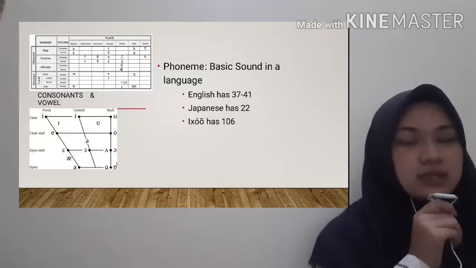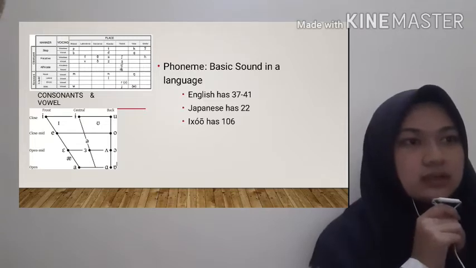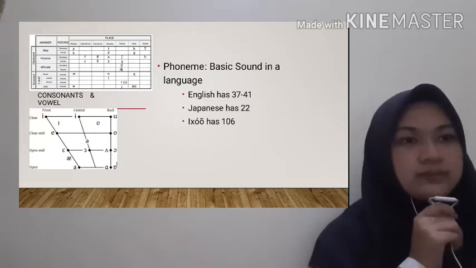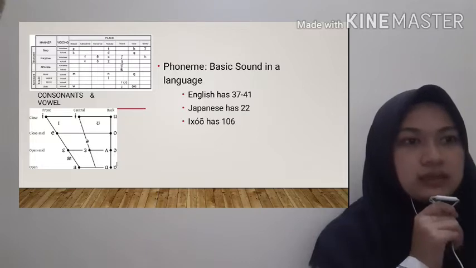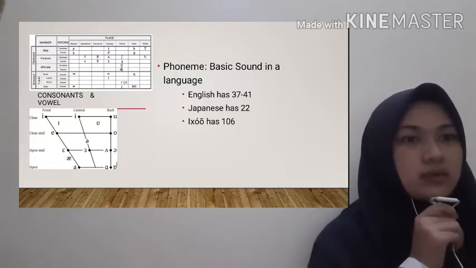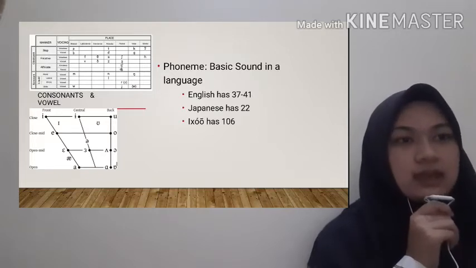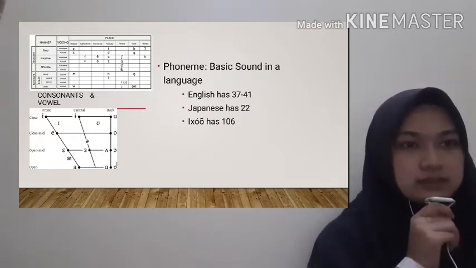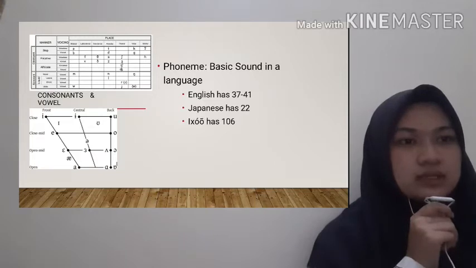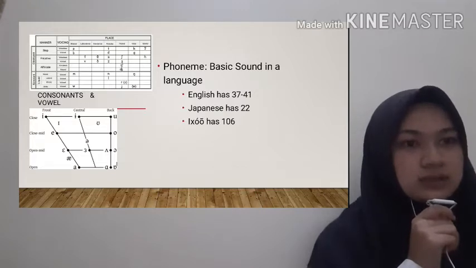English has between 37 and 41 phonemes, depending on the dialect that you encounter, especially United Kingdom English versus American English. They sound slightly different and they have different numbers of phonemes. Japanese, for instance, only has 22: 5 vowels and 17 consonants.